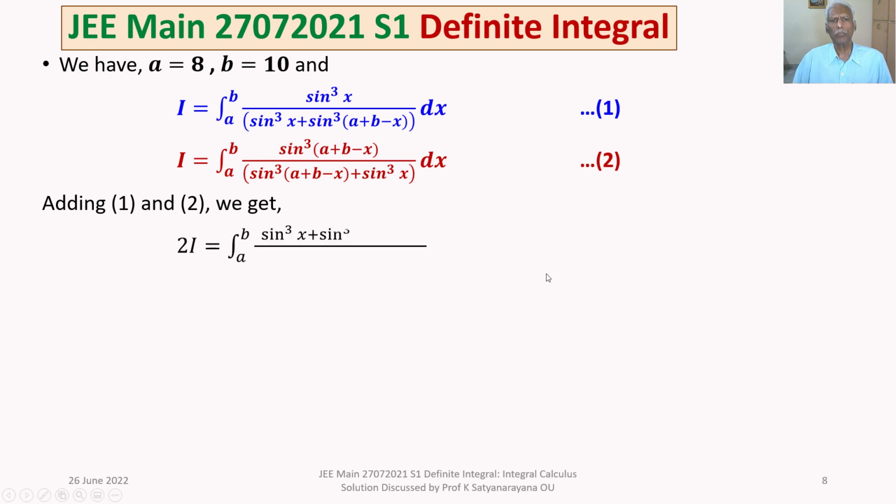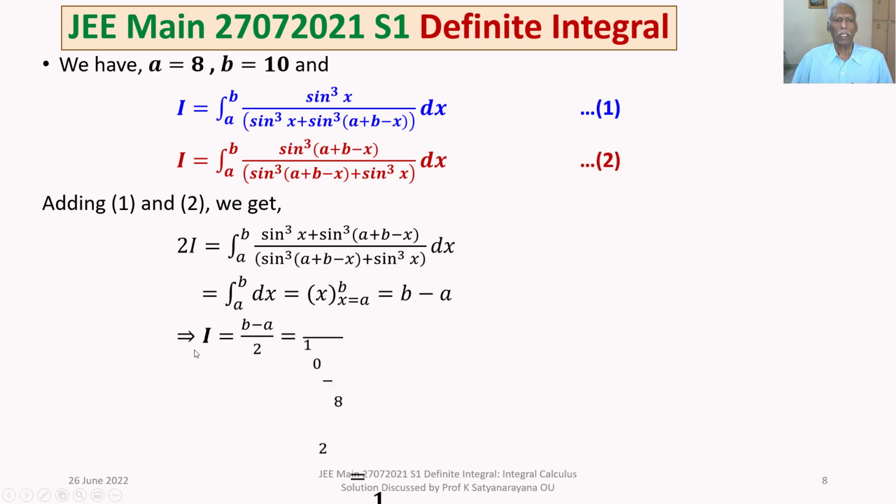So we have added, and notice that the numerator and denominator are same, they cancel off. Then you will get integral a to b 1 dx. Integrating we get x. To be evaluated between x is equal to a to b, we get b minus a. Therefore, I is equal to b minus a by 2. The value of b is 10, minus 8, by 2, that is 2 by 2, that is 1.